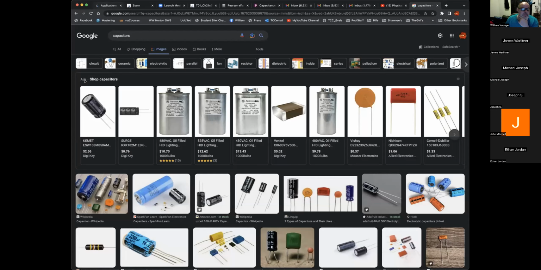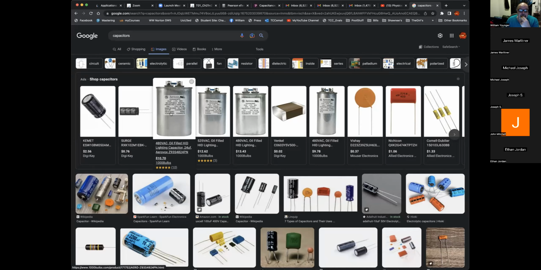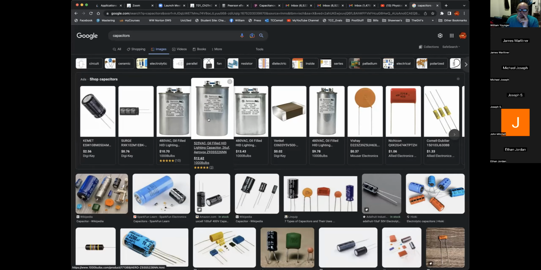Okay, so these things are capacitors. For reference, for size, that might be half the length of my thumb from there to there. So they're very, very small. These are not like ones that you'll find inside of your air conditioning unit or your heating unit that you have outside.